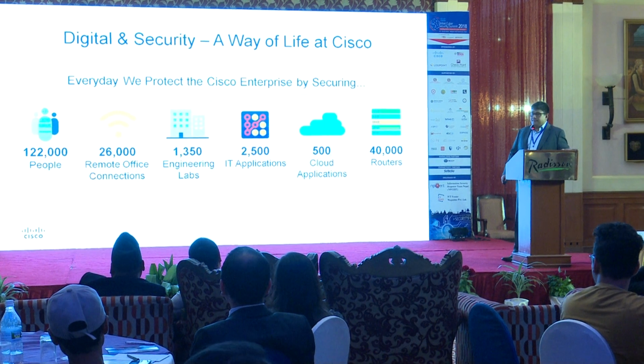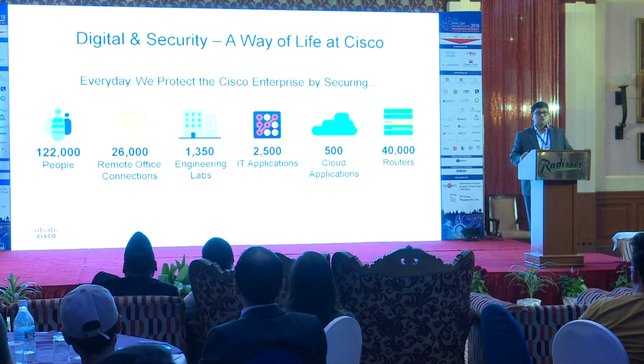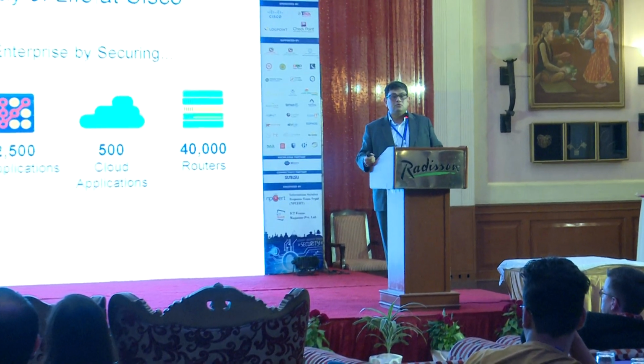So, last few slides. We are talking about our internal Cisco IT. We often talk to our customers and leverage our own security experience inside Cisco. Cisco IT protects 120,000 employees in real time.